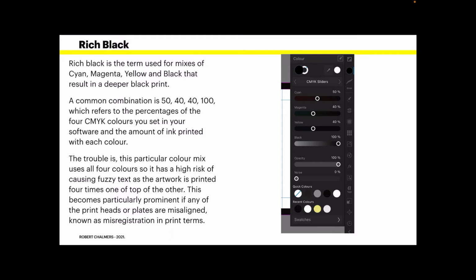The trouble is this particular colour mix uses all 4 colours, so it has a high risk of causing fuzzy text as the artwork is printed 4 times one on top of the other. This becomes particularly prominent if any of the print heads or plates are misaligned, known as misregistration in print terms, and this does happen, so be aware of it.